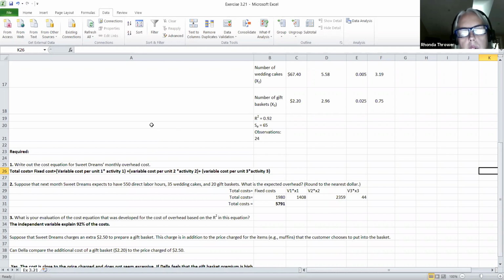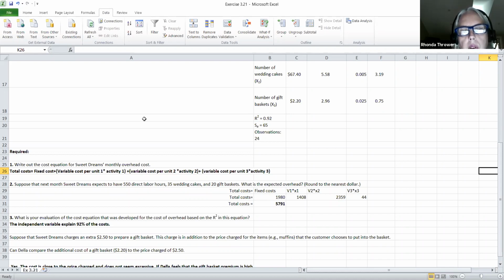So there are several methods in your textbook I want you to review. One of them is the high-low method, which we've done several problems using. In fact, we did that in ACC 121. So you've seen that before.